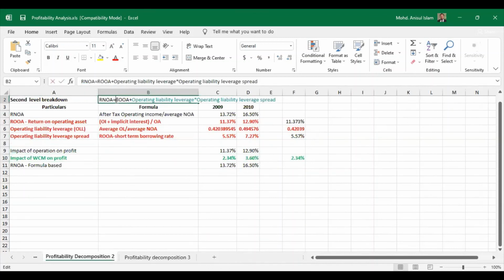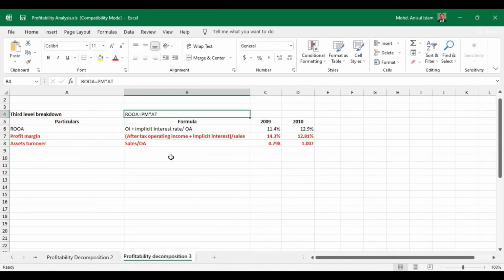Now in the level 3 breakdown of the profitability, we would like to look at this return on operating asset more closely. This is more straightforward. We'll decompose the return on operating asset into two components: one is profit margin, and the other is asset turnover.